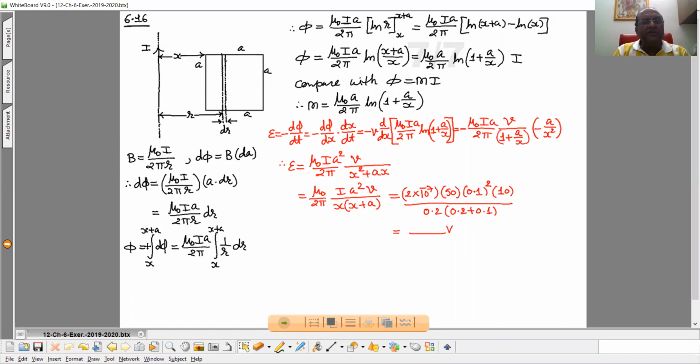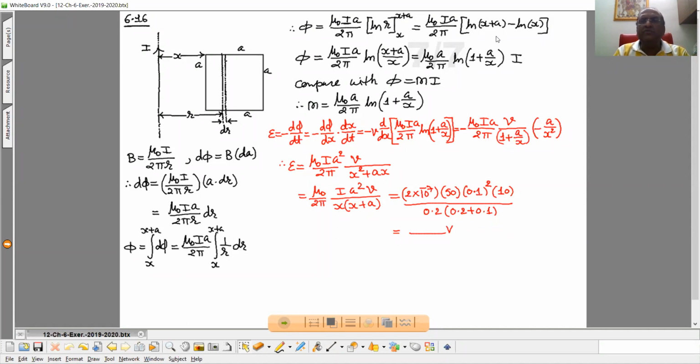So phi equals integration from x to x plus a of d phi. Now in this equation mu 0 I a upon 2 pi is constant, so integration from x to x plus a of 1 by r dr. So mu 0 I a upon 2 pi, now the integration of 1 upon r is ln r, with limits x and x plus a.